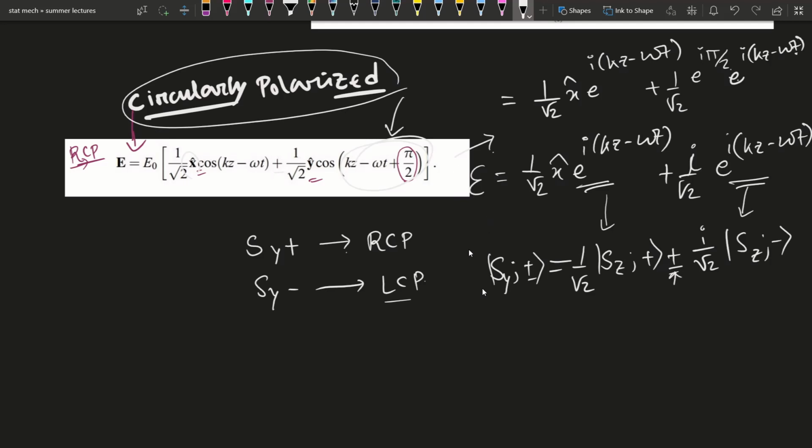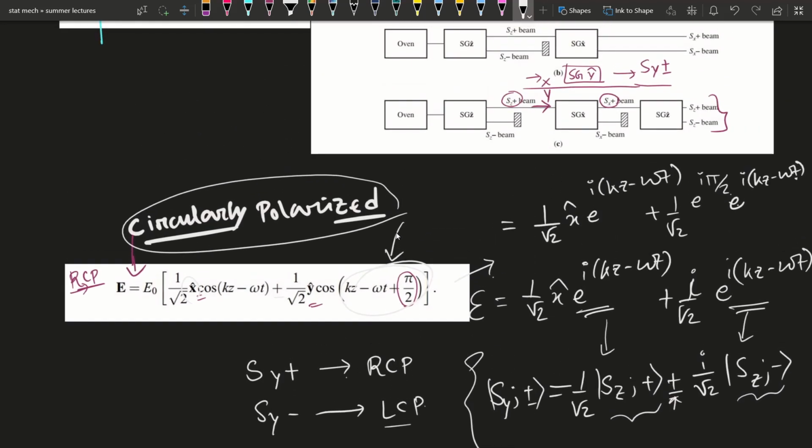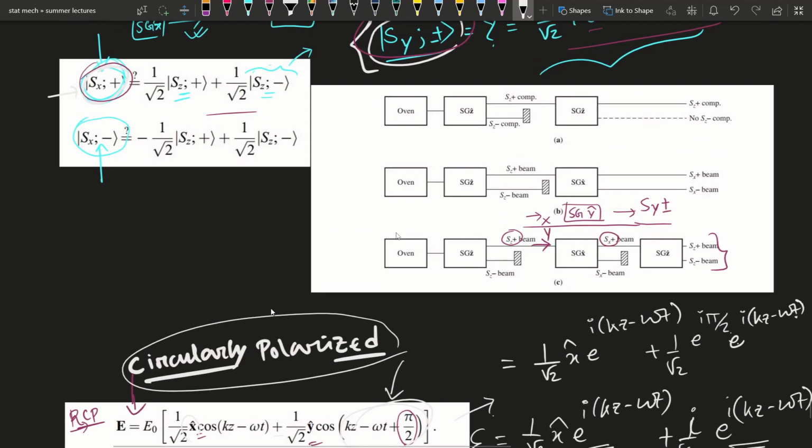The SY spin state of the silver atom can be thought of as a superposition of Sz plus and Sz minus, and there is no difficulty differentiating between SY and our previously stated SX, because there is no i here and here is an i.